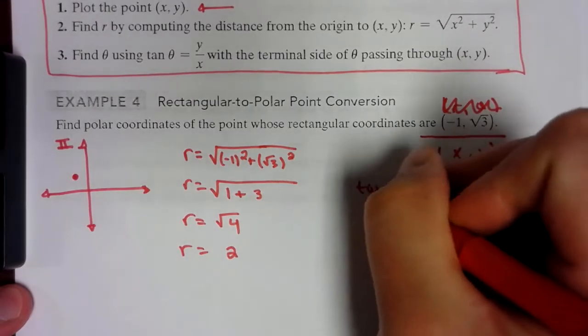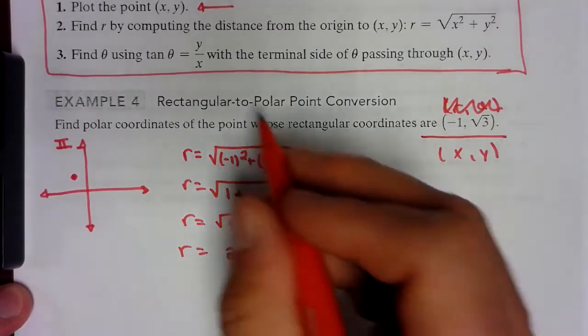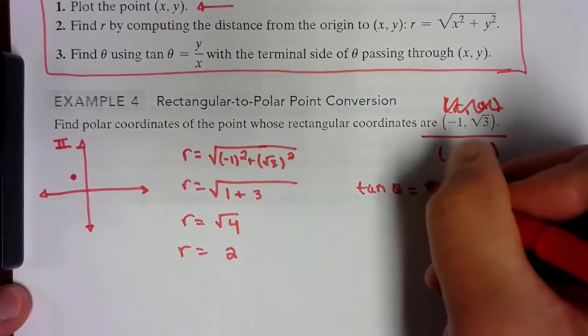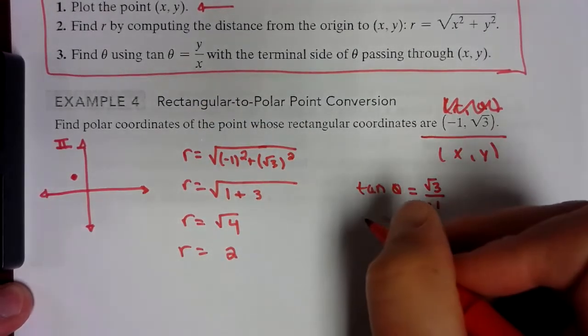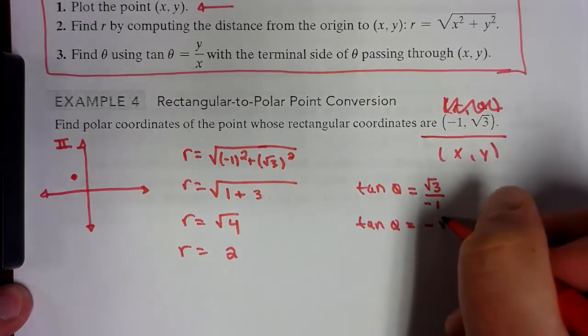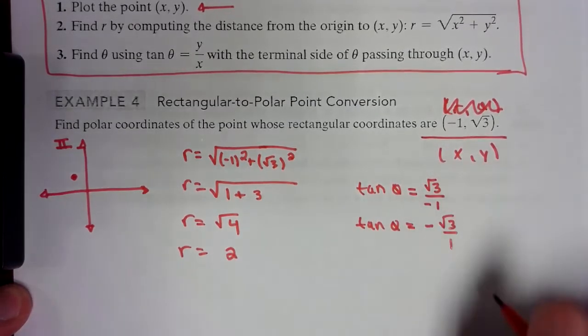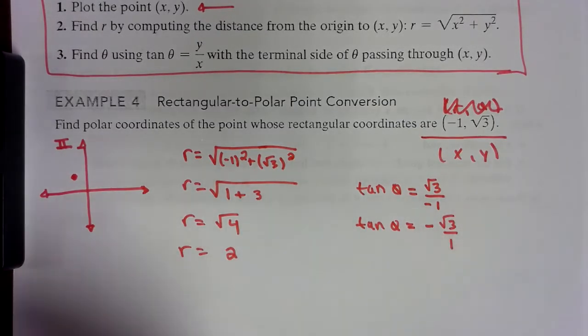And this is where a lot of our work with inverses is going to come right back. So tangent of theta is y over x, which is √3 over -1. It doesn't matter where that negative goes, and that shouldn't be news to us. Okay, it's -√3. So this can also help us figure out where that angle is located.